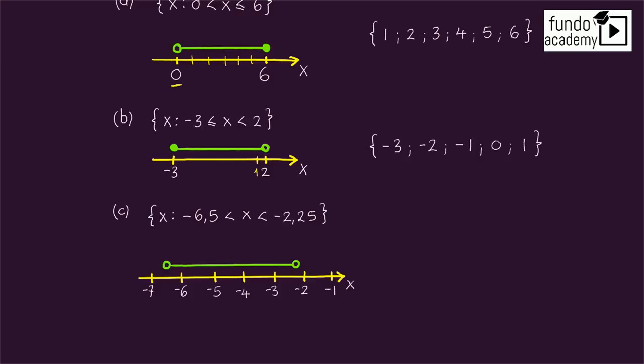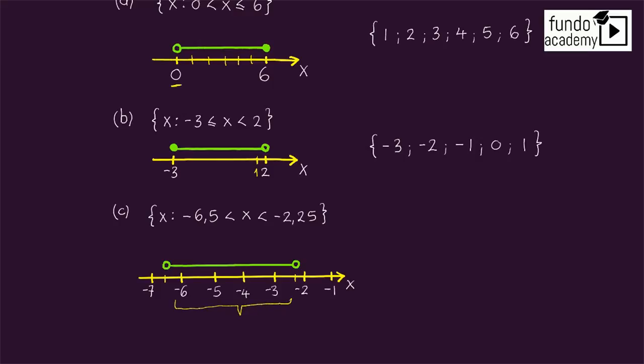Negative 6.5 is between negative 6 and negative 7, and negative 2.25 is just after negative 2 as we go on to negative 3. So from this graph, you can easily see the set of integer values satisfying this inequality are these values that you're seeing right here. These are integer values within the range.